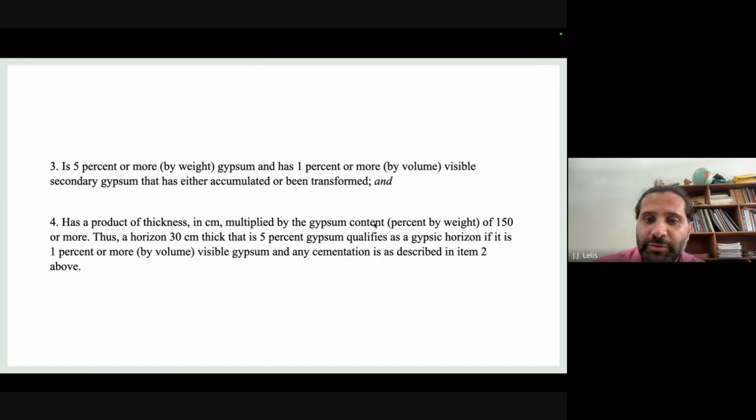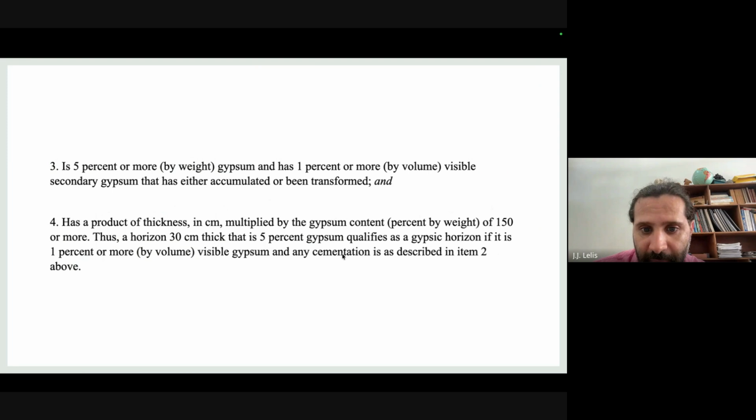So I need to find a result when I multiply the thickness and the content of gypsum, and it should be equal to or higher than 150. And of course, in this case, I need to consider the crystals of gypsum, so at least 1% or more of visible gypsum.